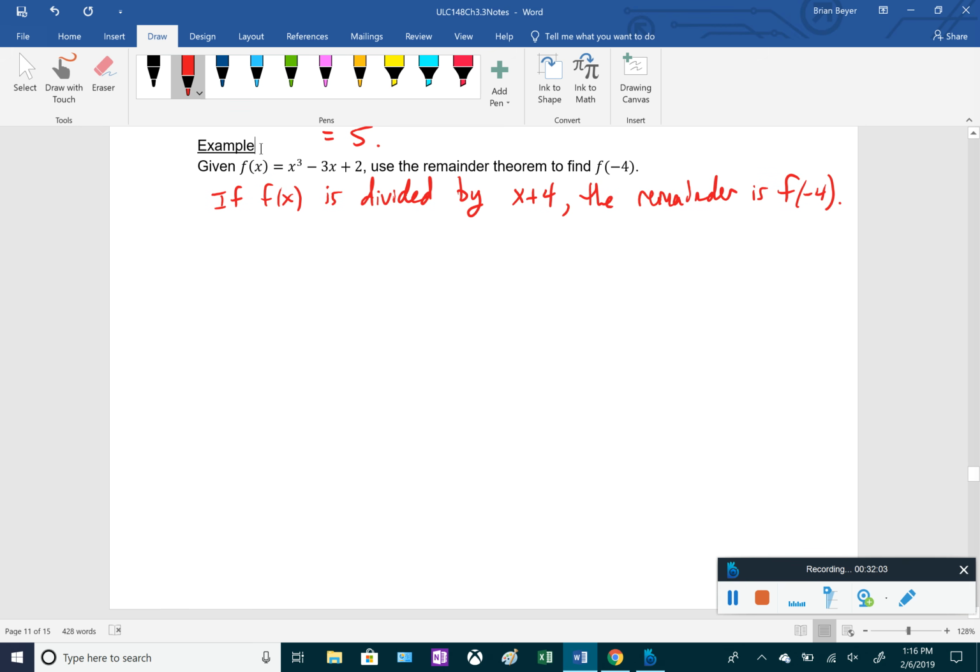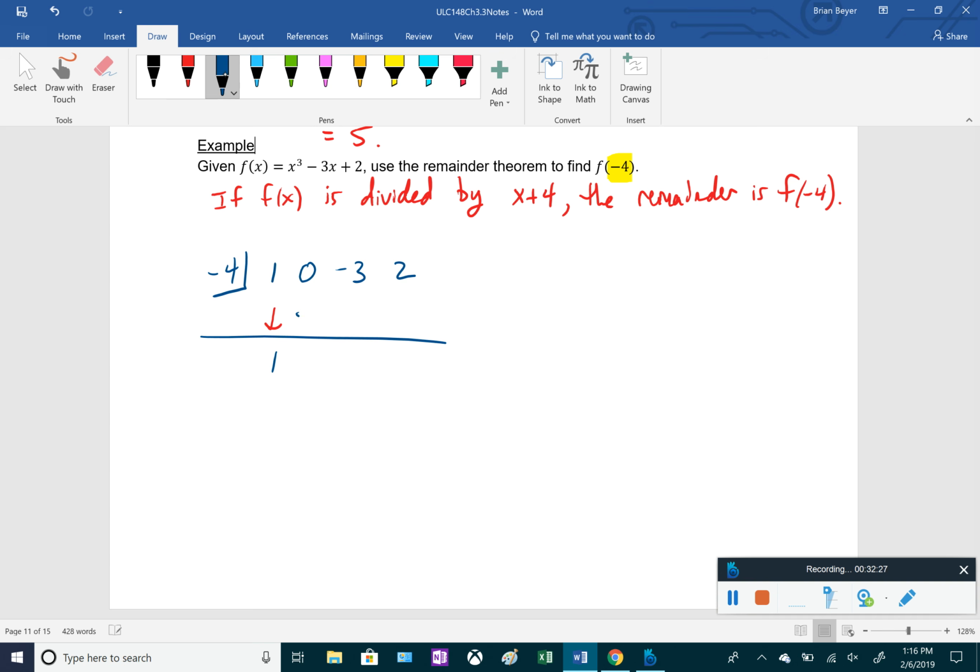Okay, so what we're going to do is divide by x plus 4, which means our c value is -4. So all you have to do for this is take the value and use that as your c value, and then do synthetic division. So the coefficients are 1, there's no x squared term, so 0, and then -3 and 2.